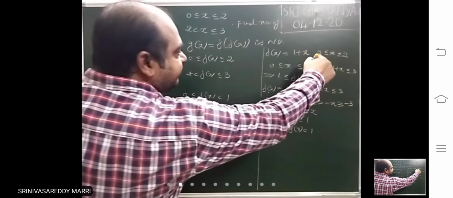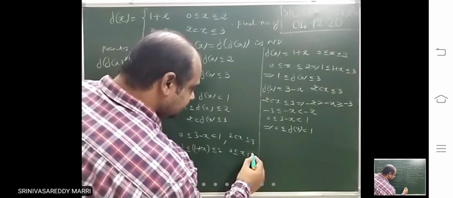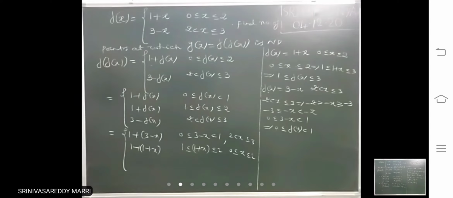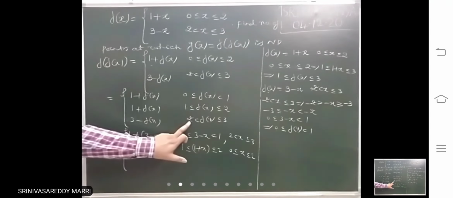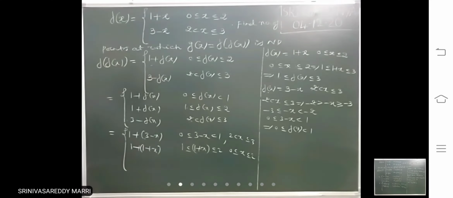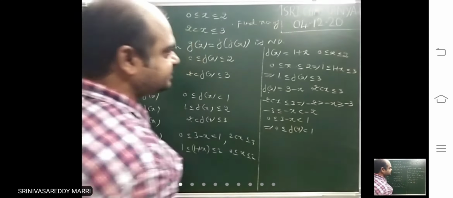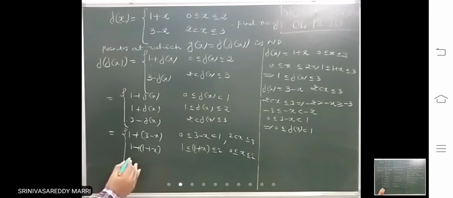So 1 plus x definition is where 0 to 2. Next, when f of x lies between 2 and 3, where is 2 and 3? This f of x is 1 plus x, so that means 3 minus (1 plus x).